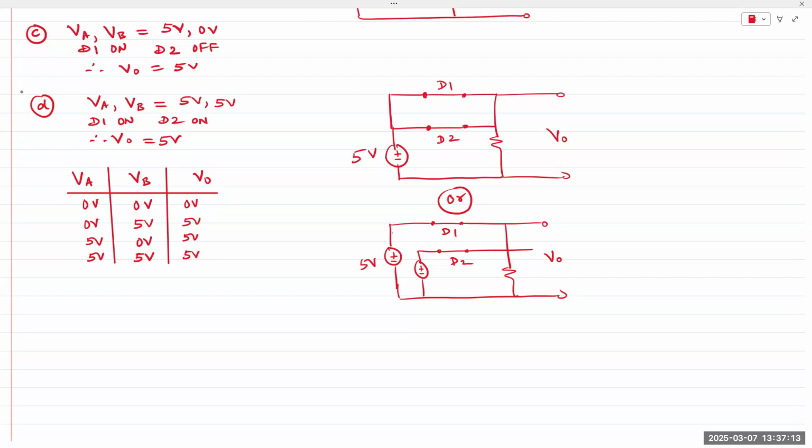Absolutely, it's an OR gate. It's a 2-input OR gate, created with just 2 simple diodes.